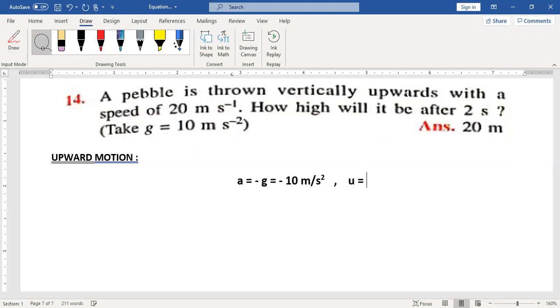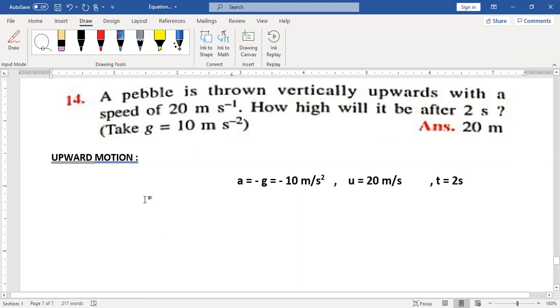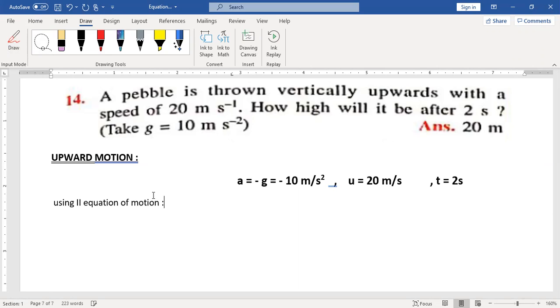Its value is 20 meter per second, and we have to find distance traveled by the pebble after a time of 2 seconds. So students, here we will be using second equation of motion.